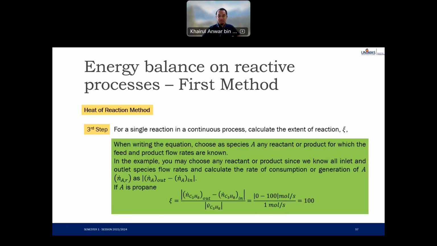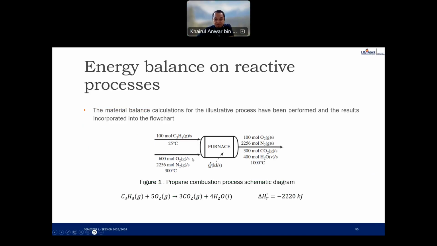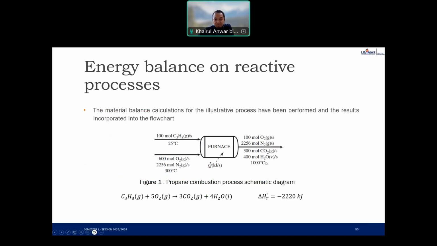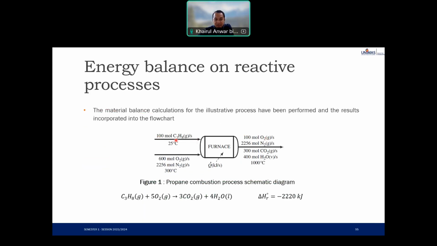For a single reaction process, calculate the extent of reaction. To calculate the extent of reaction, refer back to this diagram. See here, extent of reaction for propane. Out is 0, no propane here, but there is propane going in, which is 100.